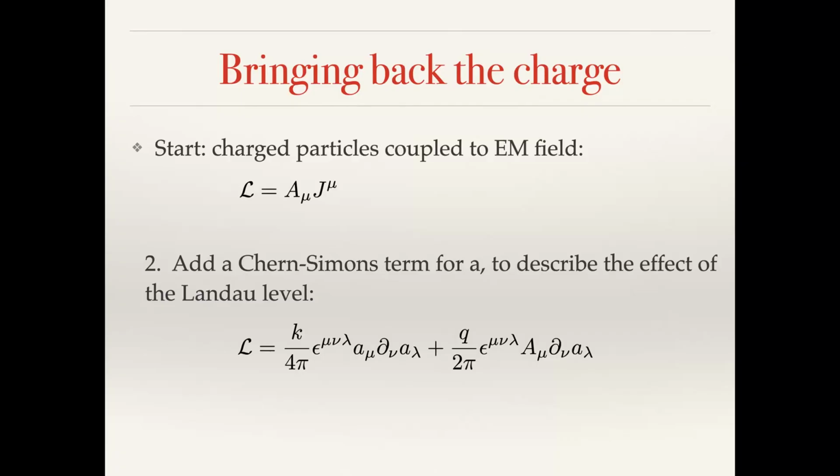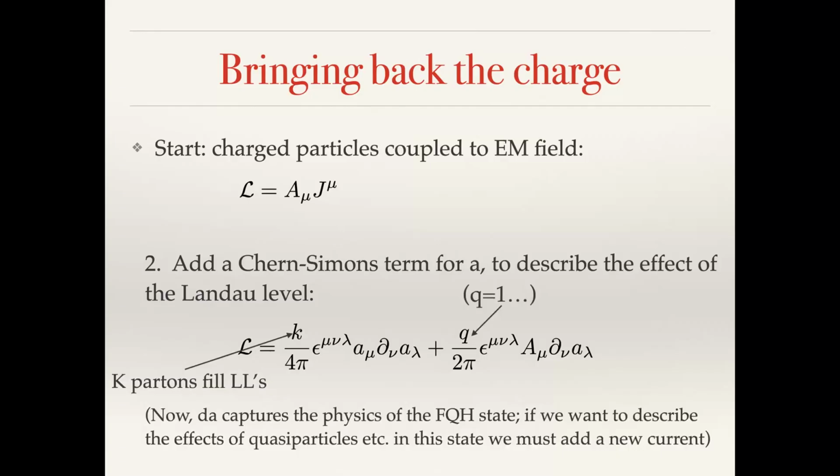So again, this is kind of the cheap hack. There's many ways to talk about where these actions come from. They all agree on the final result, okay? But now, oh yeah, sorry, and here I've put in a number q in my model, q equals 1, and then this k, previously we thought of this as k partons filling up k Landau levels, okay?